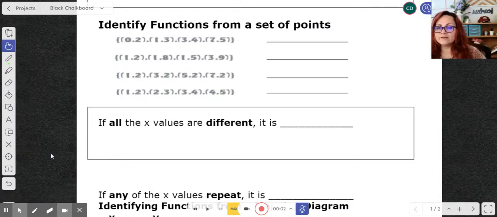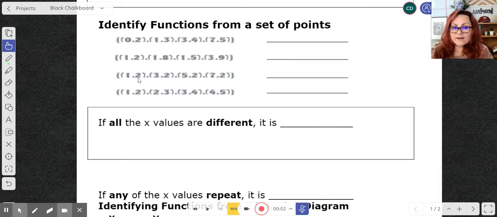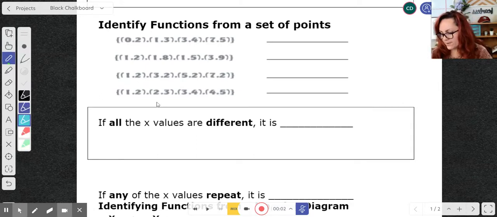Let's go ahead and look at it from the perspective of a set of points, okay? So it's the same concept, it's just a little different. Instead of a table, we have everything listed out, right? And so same thing, if all the X values are different, it is a function. Okay, and hopefully it shows up. It's not showing up on mine, but I'll write it in.